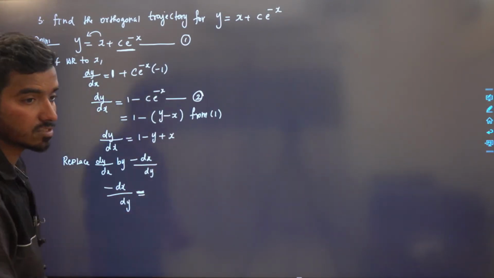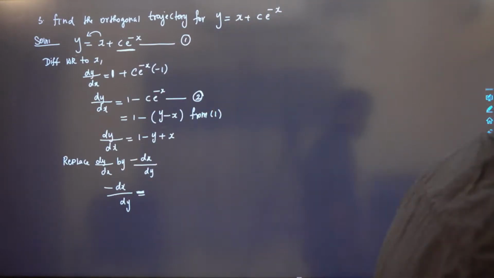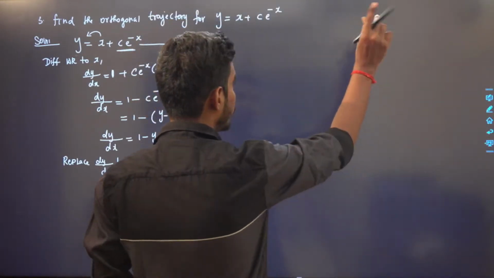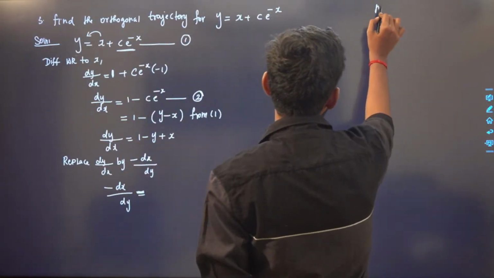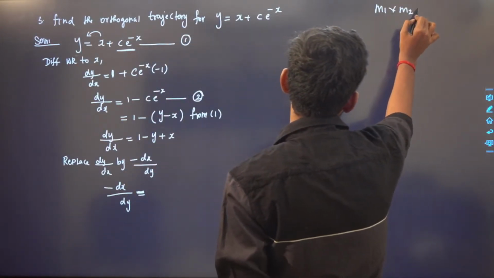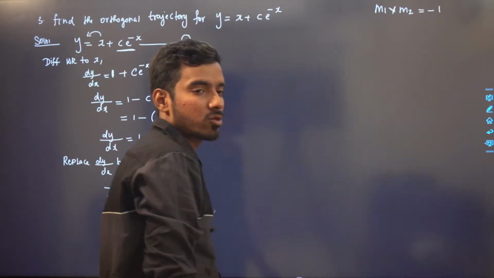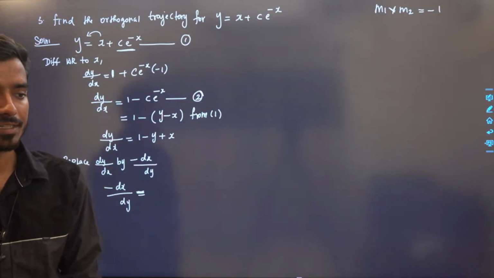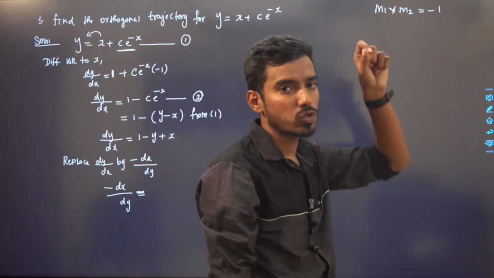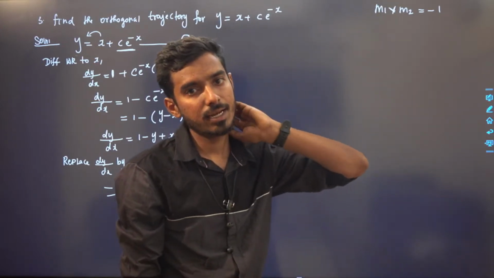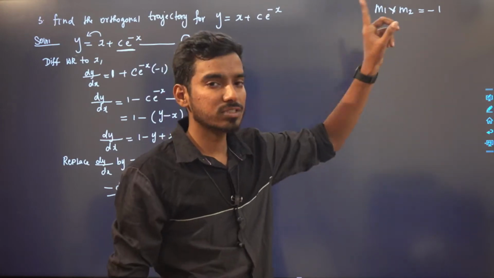see why we are doing this, because actually it's a very easy theory. We know if two curves cut orthogonally, the slope of the first curve into the slope of the second curve at some point is always equal to minus 1. So when two curves cut at right angles, m1 is the slope of the tangent line at that point on the first curve, and m2 is the slope of the second.